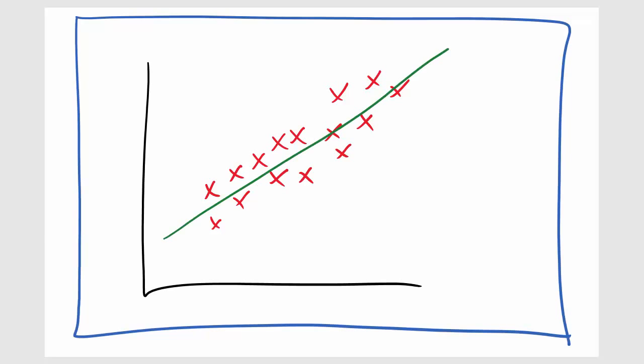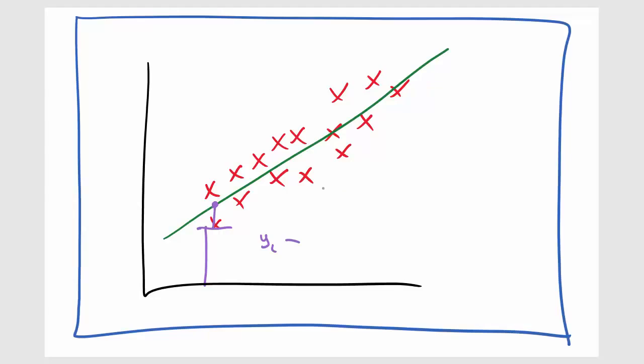The way it's going to pick this line is it's going to take, for example, our x1, y1 point, and calculate that distance. That distance is y1, that height, minus the point on the line.